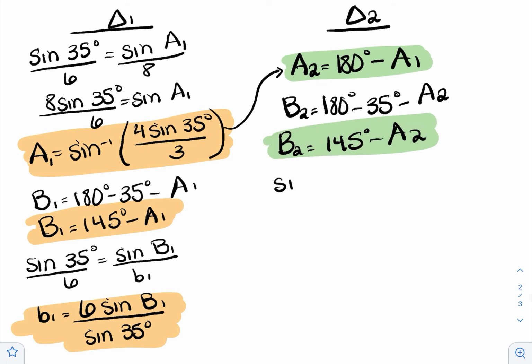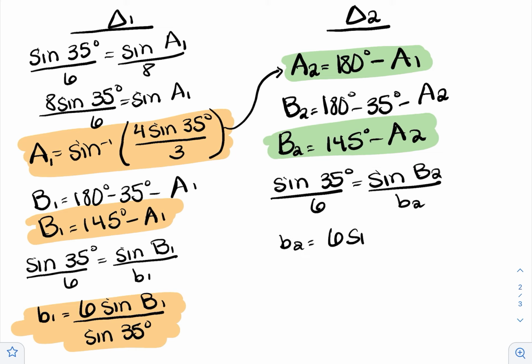And then you have the sine of 35 degrees over 6 is equal to the sine of big B2 over little b2, which means that little b2 will be 6 sine of B2 over the sine of 35. Now this is calculator ready form, but because I want you to be able to visualize this, I'm going to find the values for them so that I can draw it for you. Maybe it helps to see.